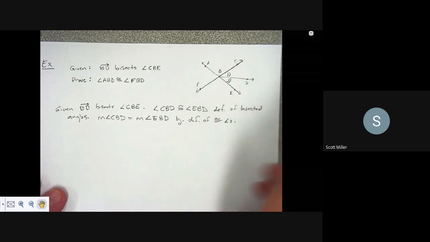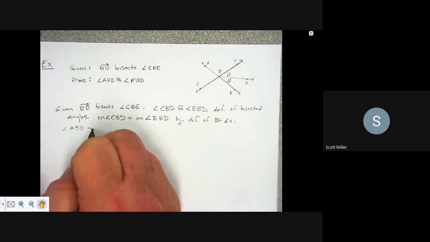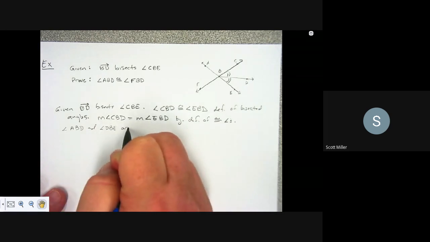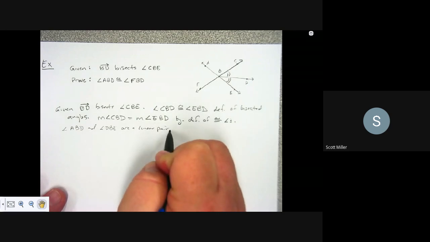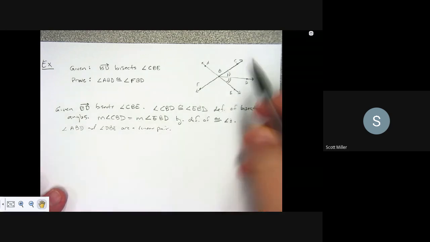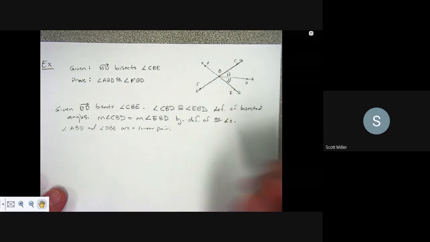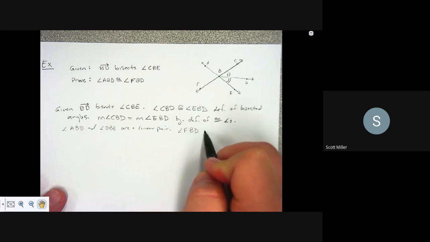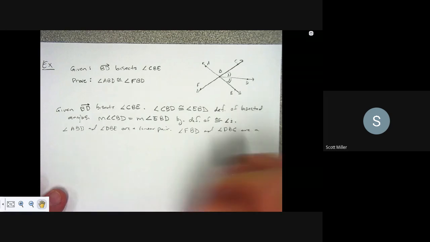Okay, so I'm going to say angle ABD and angle DBE are a linear pair. And I'm going to say the exact same statement for these angles. So angle FBD and angle DBC are a linear pair.